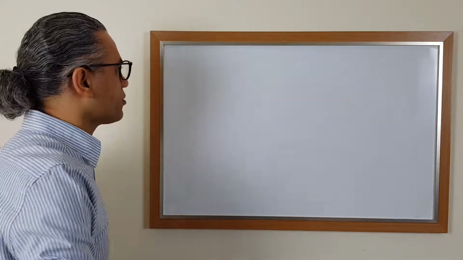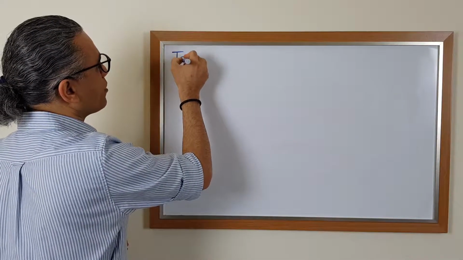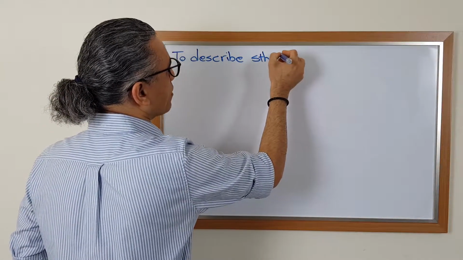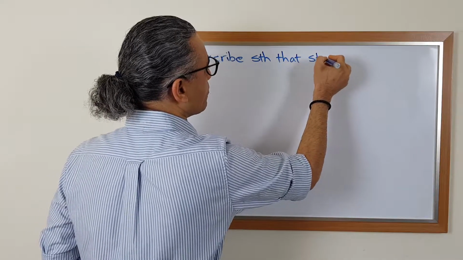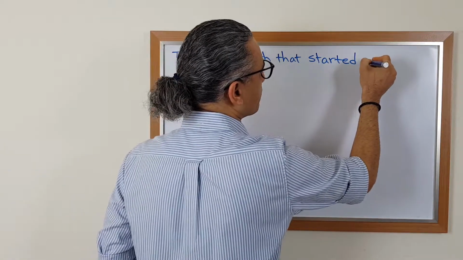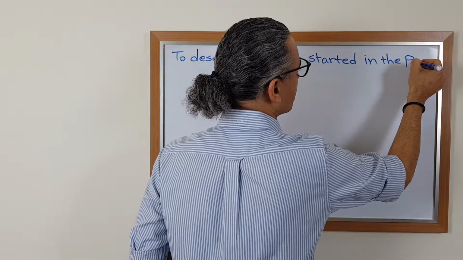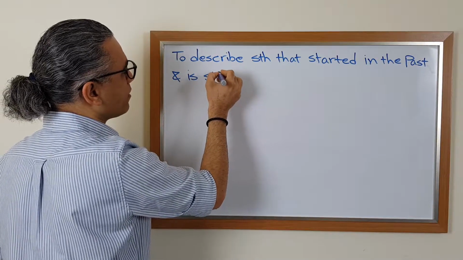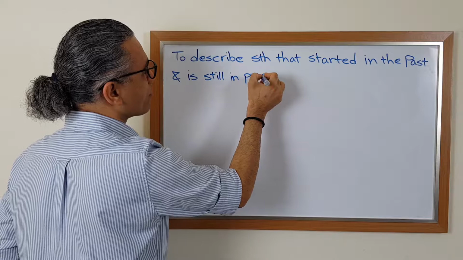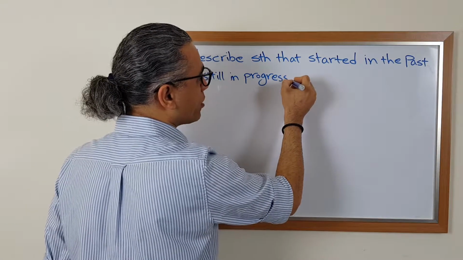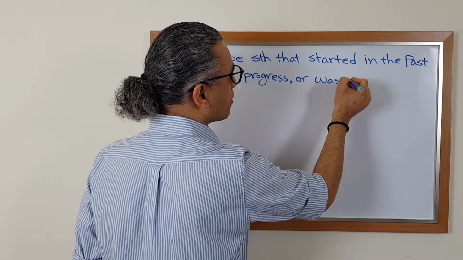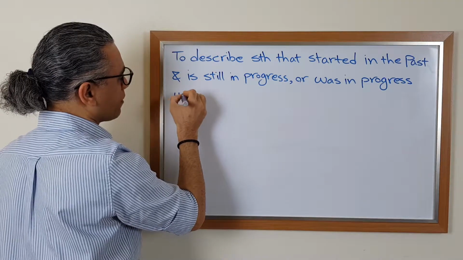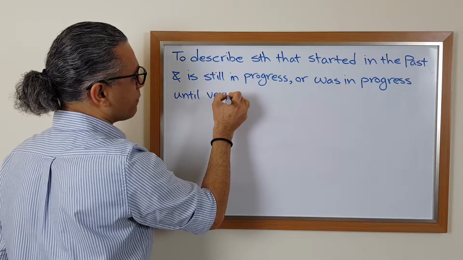We use present perfect continuous to describe something that started in the past and is still in progress or was in progress until very recently.